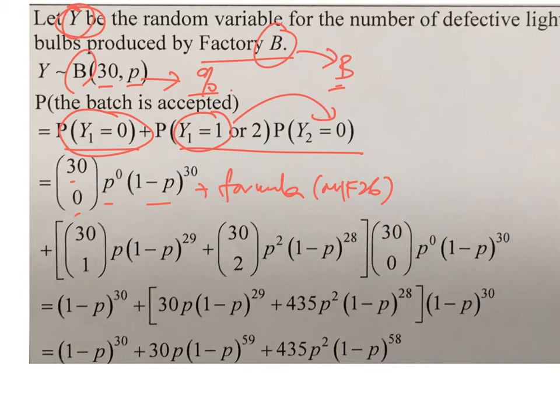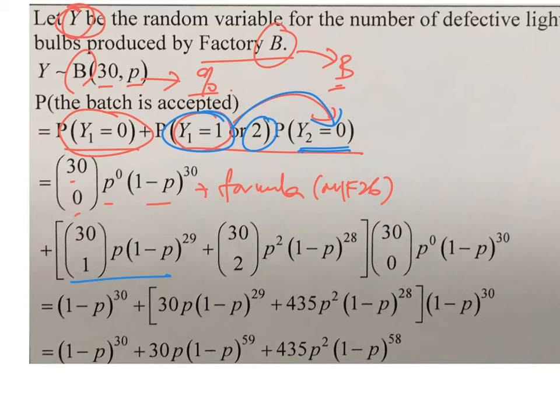For the second branch, there are actually two subcases. The case where the first sample gives you one defective item and the second sample gives you 0 defective items, or the first sample gives you 2 defective items and the second sample gives you 0 defective items. For the first case, where the first sample gives you 1 defective item, it is given by this binomial PDF formula, where we have 30 choose 1 and p times (1 minus p) to the power of 29.